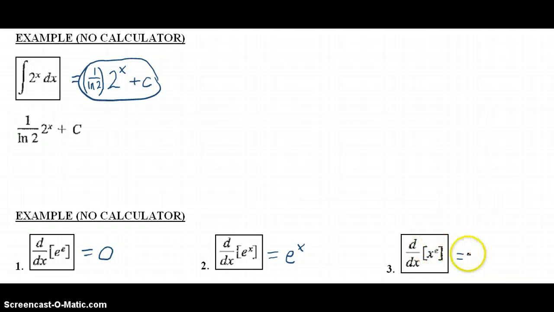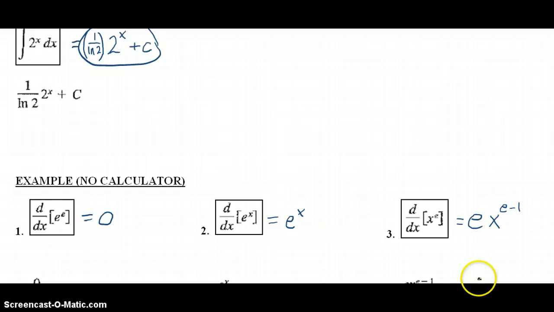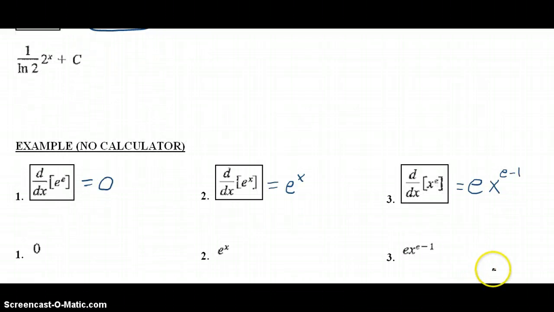When we take e times 1, we get e times x. And then how do you drop e down 1 degree? e minus 1. So our derivative of x to the e power is e times x raised to the e minus 1 power. And you can see the answers from the scan-in solutions below. Same things that we got.